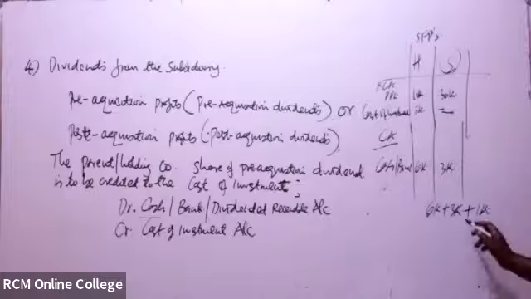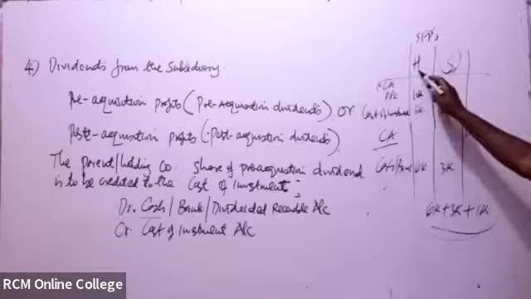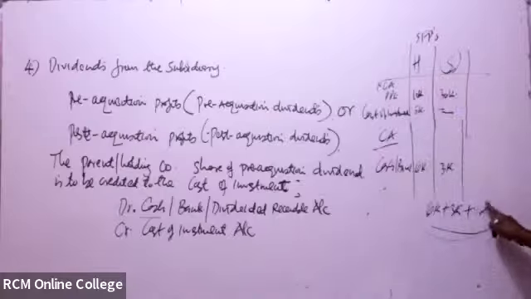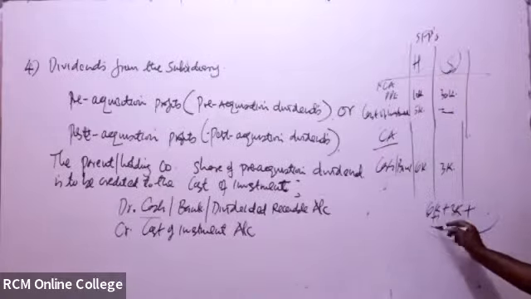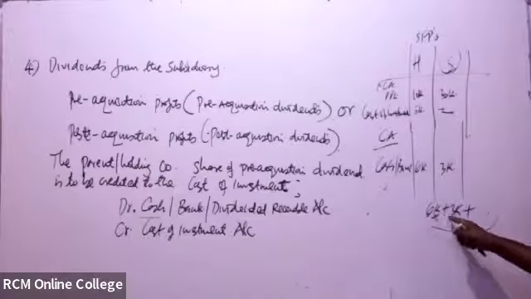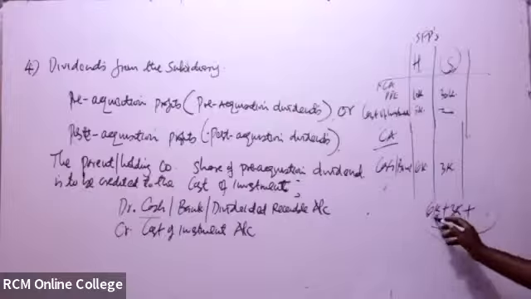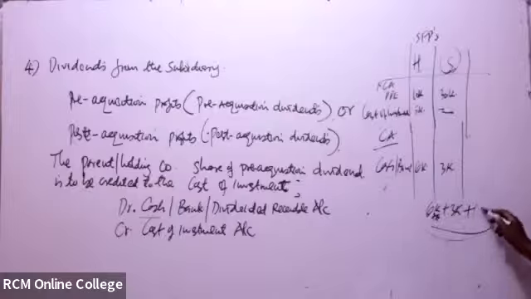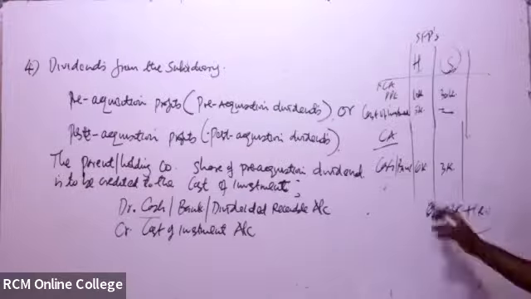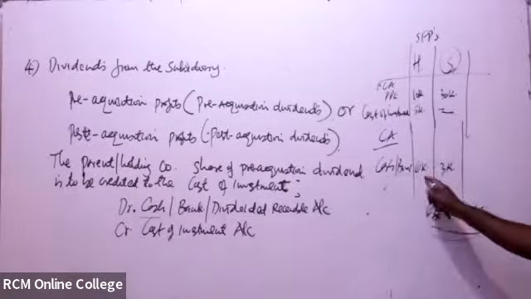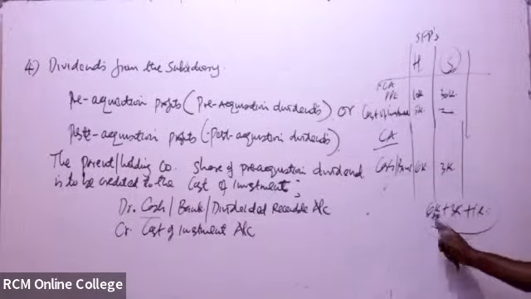So you'll add it so that you can get the consolidated figure of cash, because the holding company is receiving this cash. It is increasing here directly, but you just say 6K plus 3K plus 1K, to get the consolidated cash or bank for the two, because it was received in the form of dividend.